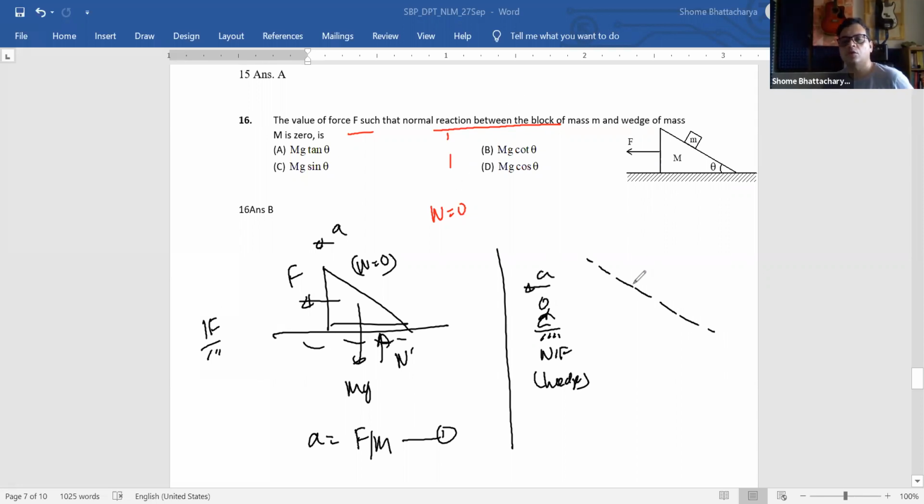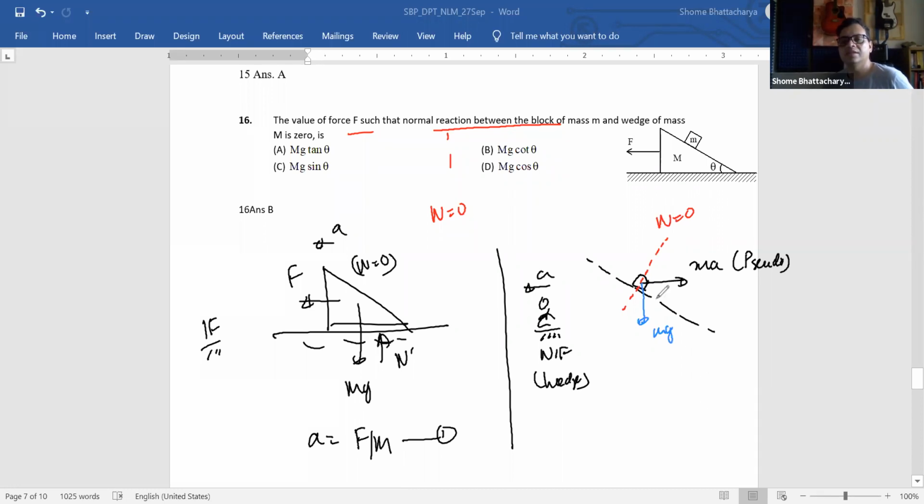So now on this block, there is first of all a pseudo force like this, and then of course it has its weight mg like this. And the normal contact force is supposed to be zero, so there's supposed to be no normal contact force.